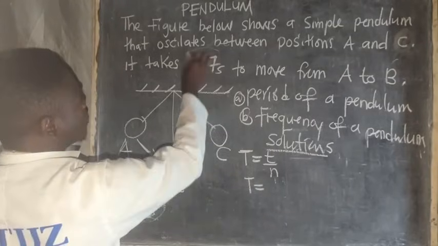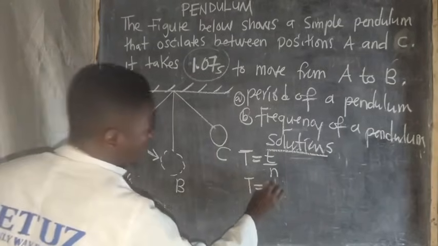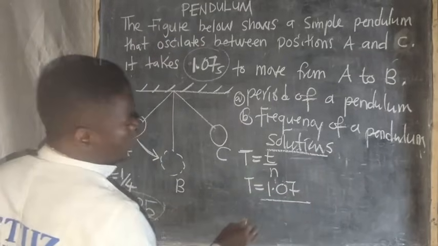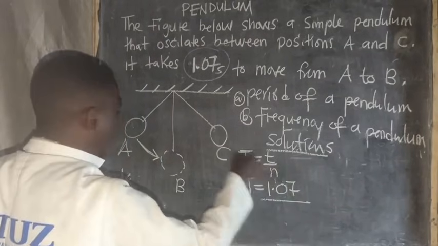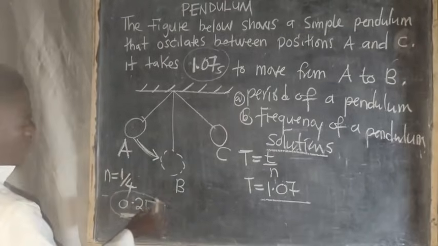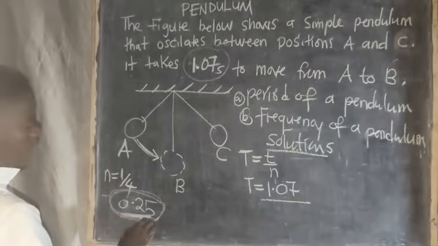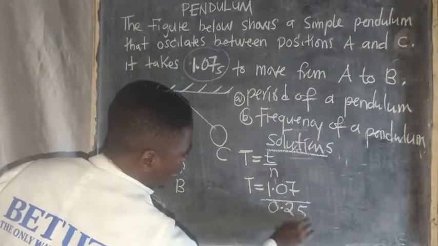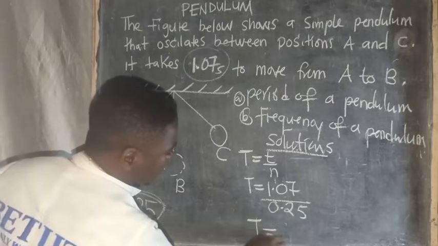The time is this one, which is 1.07 over, what is the value of N? It is just moving from A to B, which is 0.25.